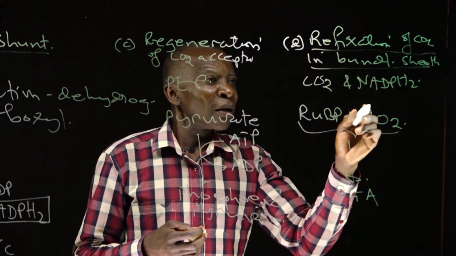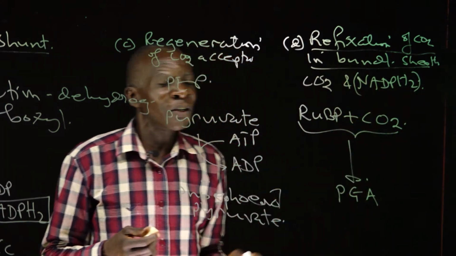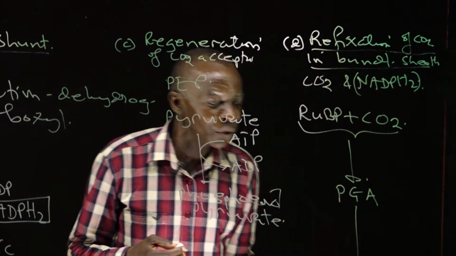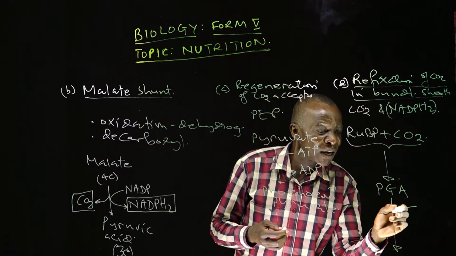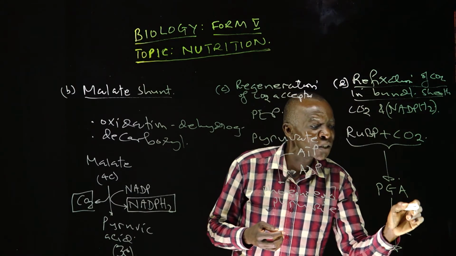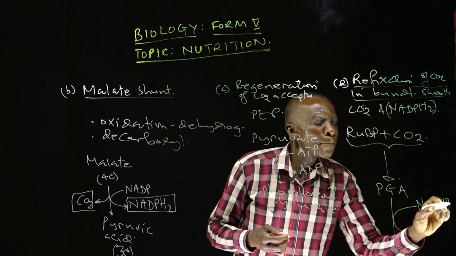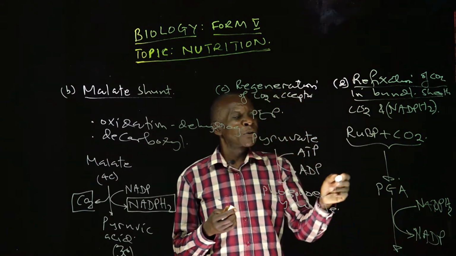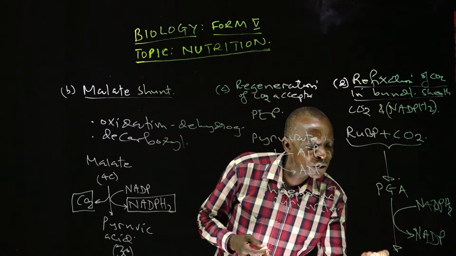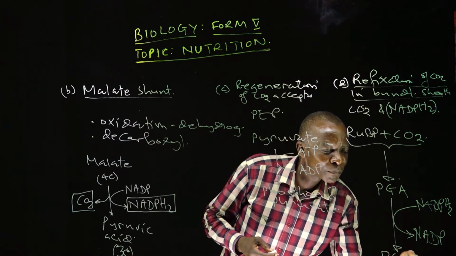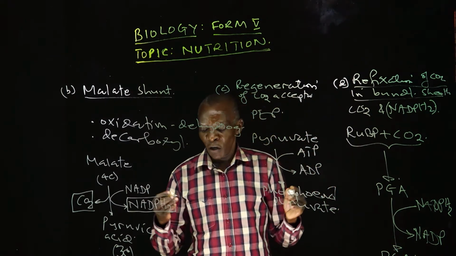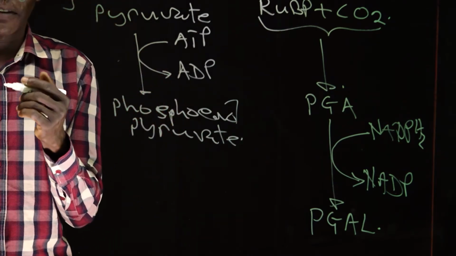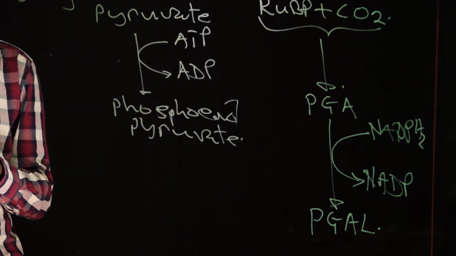Now, this nicotinamide adenine dinucleotide, the hydrogen from here, is used to reduce PGA into a triose sugar, that is PGAL. So this is how carbon dioxide is fixed in the C4 plants.